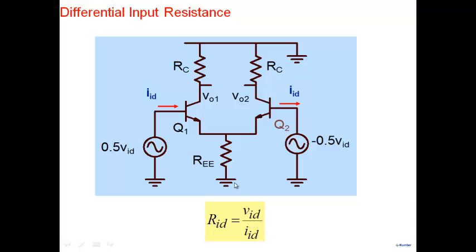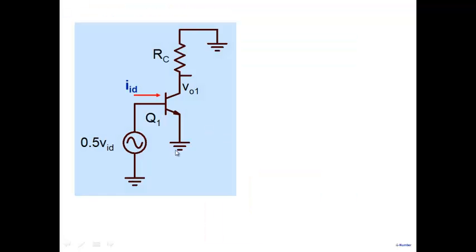And it's very easy to see what this value is. Note that under differential mode analysis, this is small signal ground here. And we are talking about how much is this current here, this voltage divided by this current. And that is nothing but, what is the resistance between these two nodes? R pi.